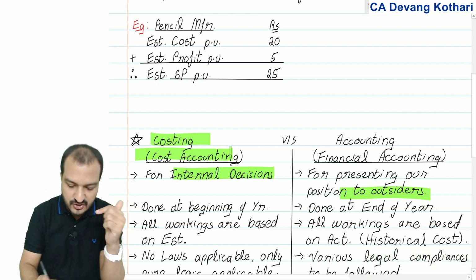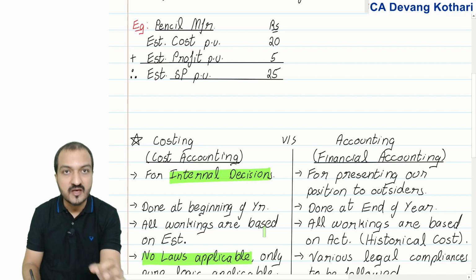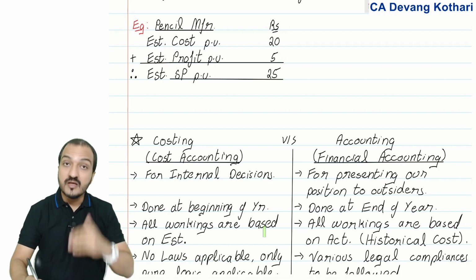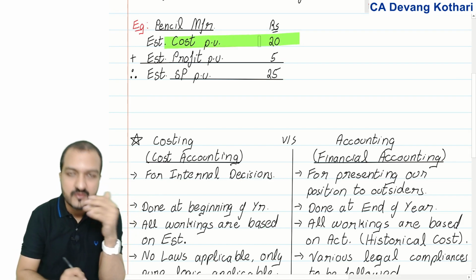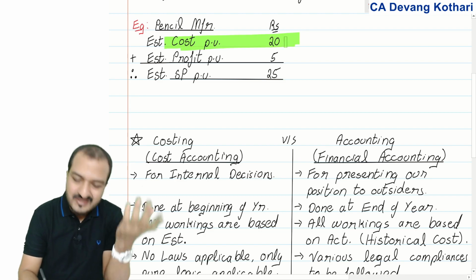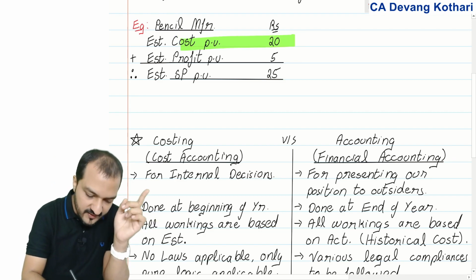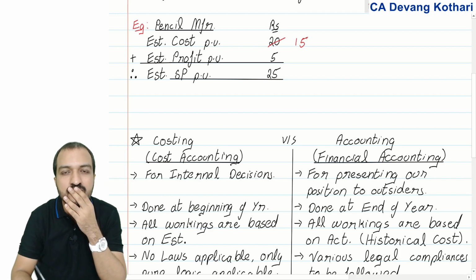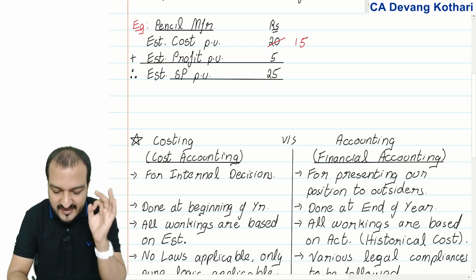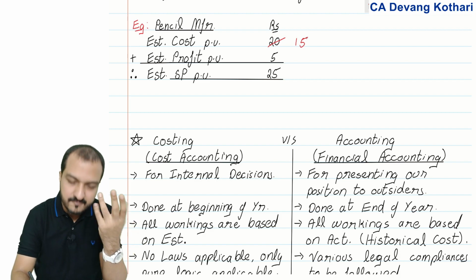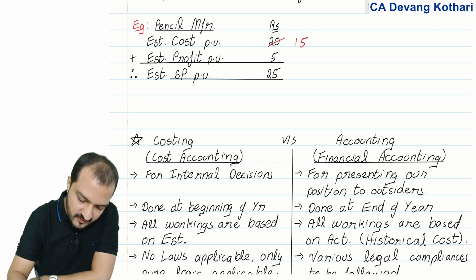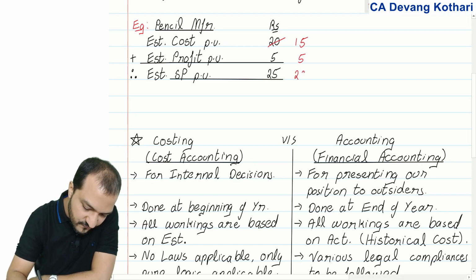For internal decision making there are no laws applicable, because the government does not care if you make a wrong calculation. Now imagine if you show less cost for your internal calculations, if you wrongly show a cost of only 15, add a profit of 5, and sell the product for 20.